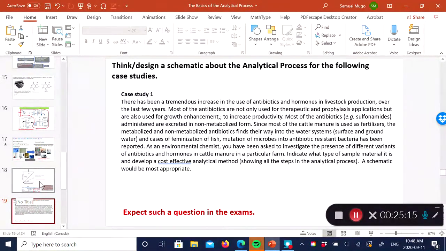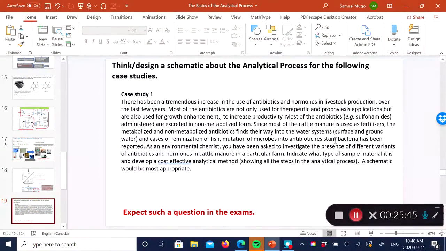So case number one: the tremendous increase in the use of hormones and antibiotics in livestock production. Some of these antibiotics are things like sulfonamides, and some of them get excreted in non-metabolized form. Now, cattle manure is often used as a fertilizer, or there's interest in using it as organic fertilizer. Because the cattle manure has these antibiotics, we need to find a way of removing them.